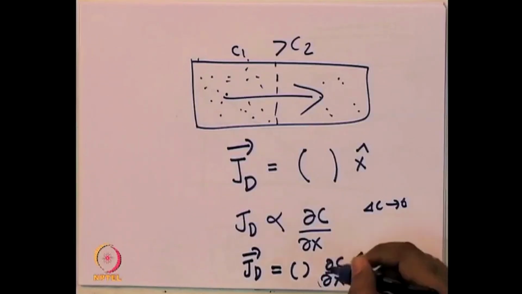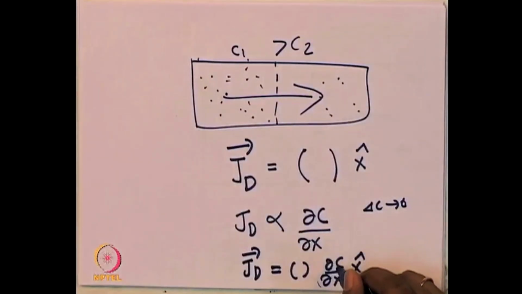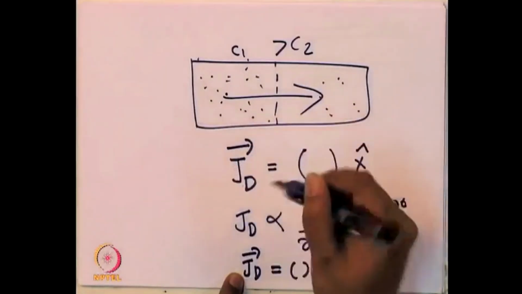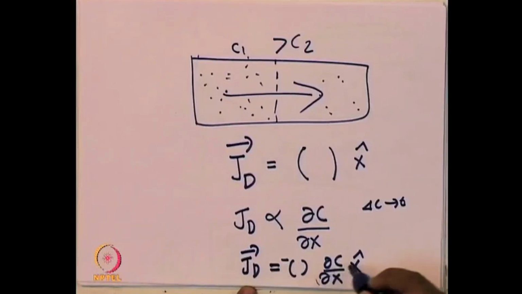It would say that it goes in the minus x direction, because a negative times x cap would mean that it goes in the negative x direction, but that is not true, it is going in this direction. So, there has to be an extra negative sign here. Since del C by del x is negative, with the negative sign, totally it is positive. So, Jd is along the x cap.